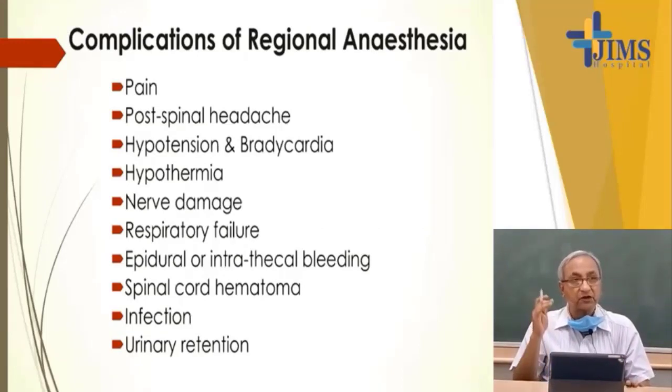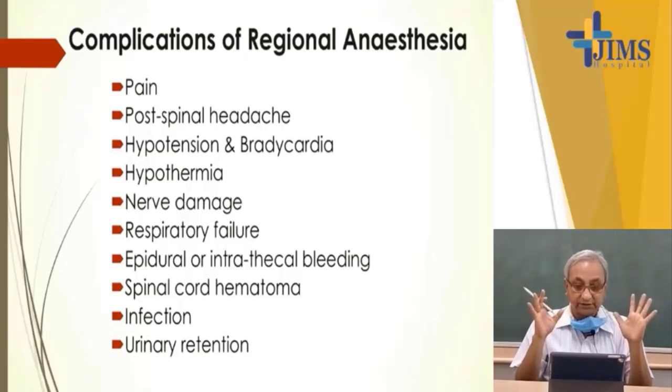To sum up, what are the complications of regional anesthesia? Pain, post-spinal headache, postdural puncture headache, hypotension and bradycardia, hypothermia because the skin vessels become constricted, giving rise to more blood supply in the central vessels. Nerve damage we had discussed.